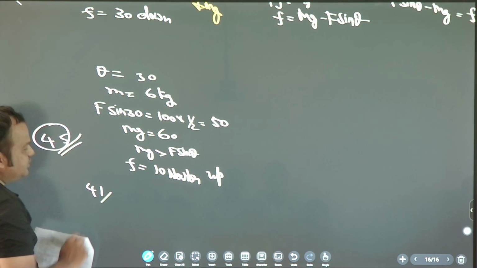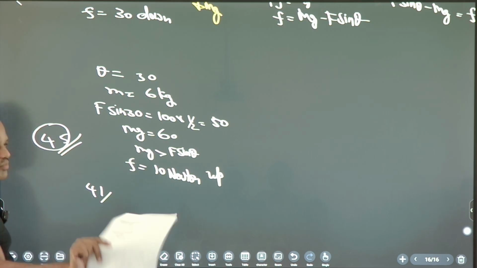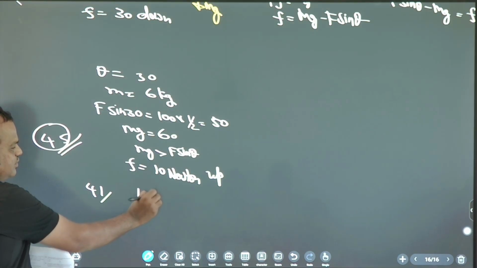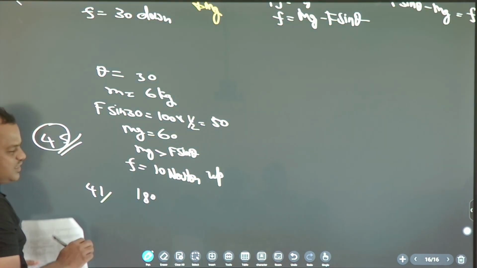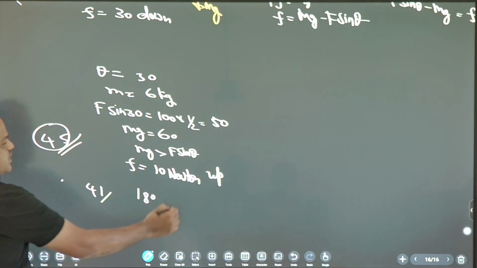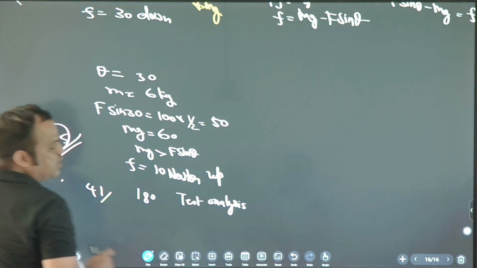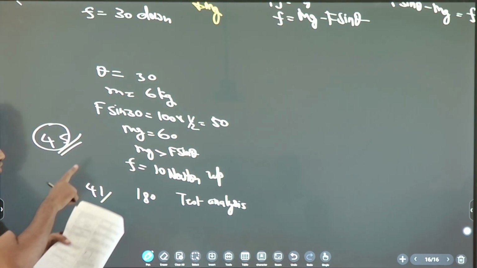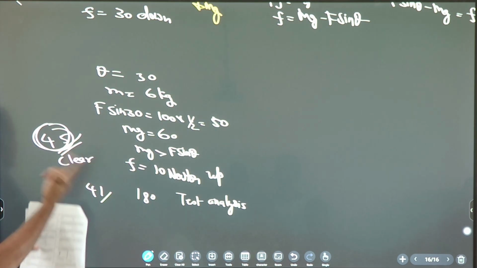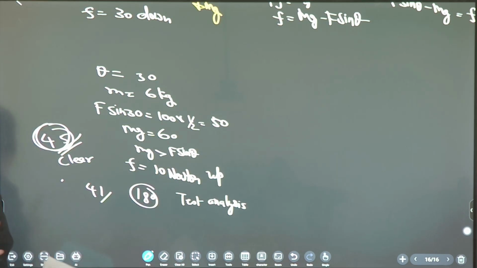Now tomorrow if I give same paper again, how much your score should be? 180 in physics. So that is known as test analysis. So after test, all 45 questions should be clear. Tomorrow again give same paper, your marks should be 180. Are you getting or not?